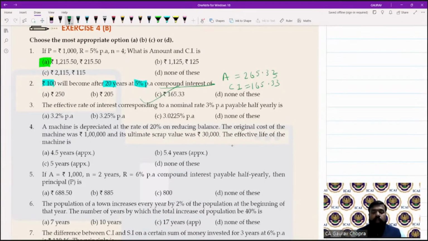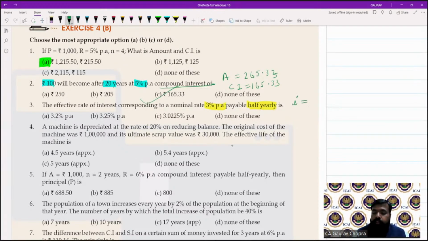In the third one, you have to calculate the effective rate of interest for 3% per annum payable half yearly. So let's do this. Half yearly means convert the rate.